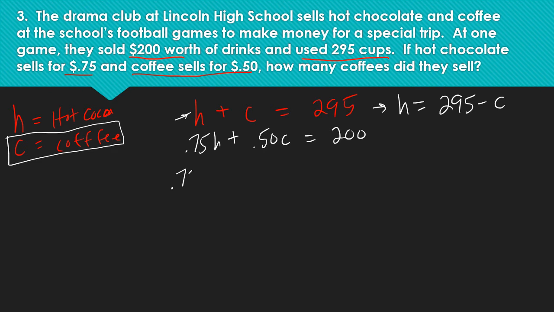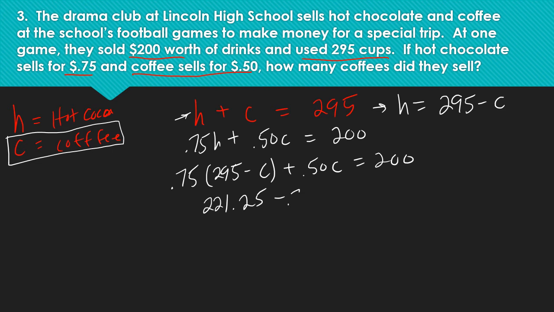So we have 75 cents times 295 minus C plus 50 cents times C equals 200. 0.75 times 295 is going to give me 221.25 minus 0.75C plus 50 cents C equals 200.